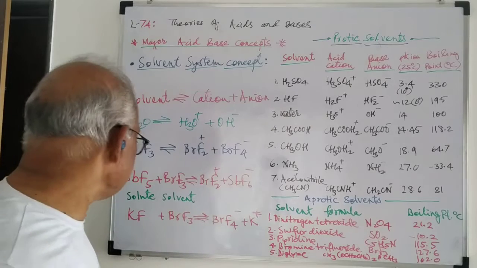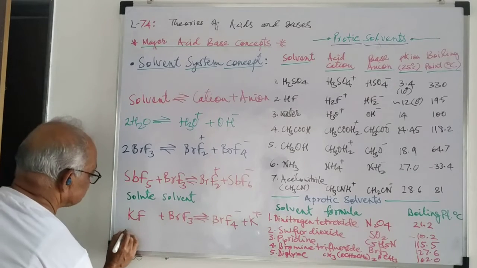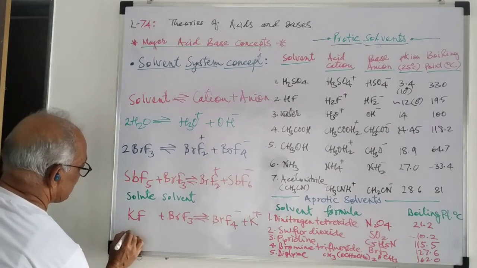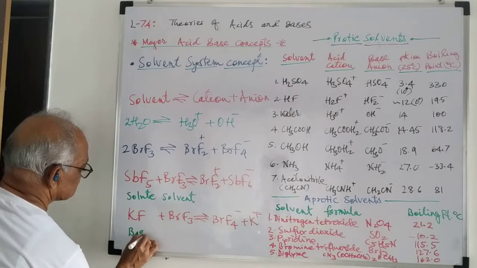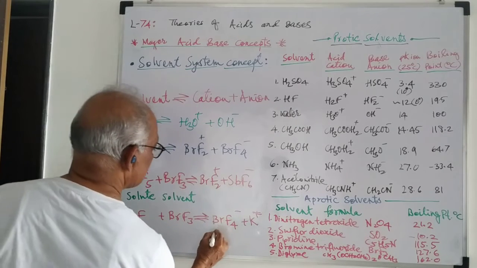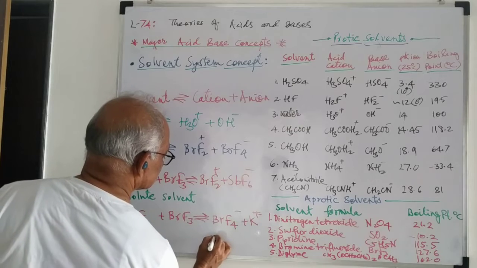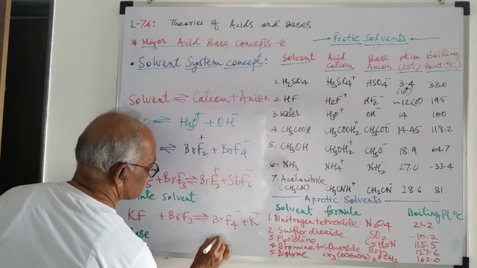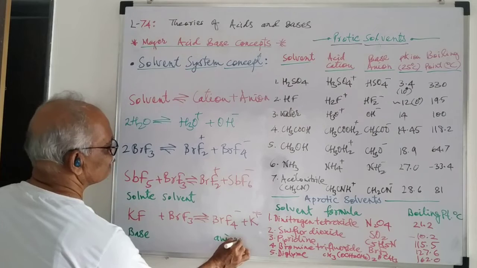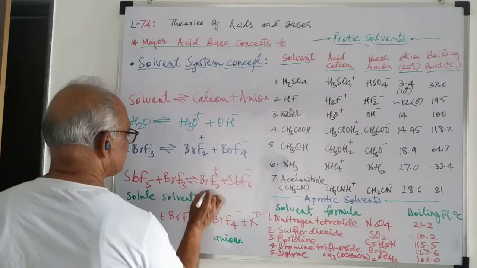So here you will find that this solute is a base because it produces a larger number of anions, whereas in the previous case cations are more.